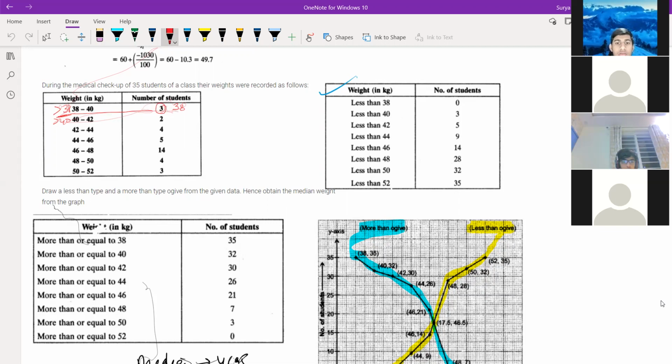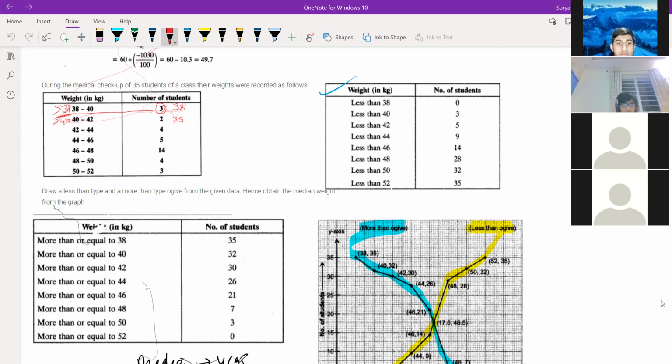So 35 minus 3 is 32. One minute, I should write 35 here, not 38. I'll write here 35, then 32, then 30. Now you understood, I think.